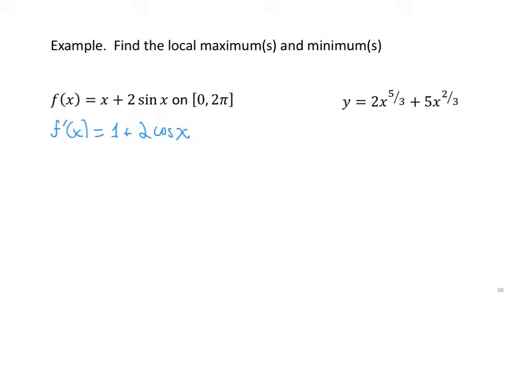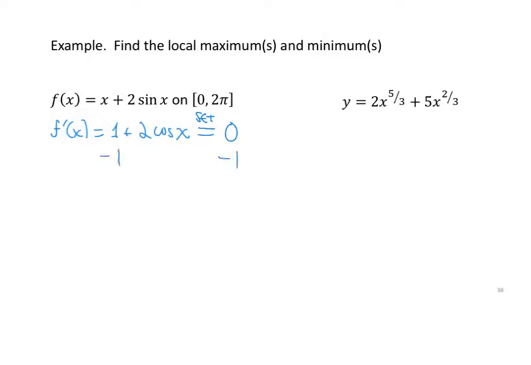Now remember, there was a condition that we have to figure out where the derivative changes sign. And to figure that out, we need to figure out where the derivative is equal to 0. That's why we're setting the derivative equal to 0.